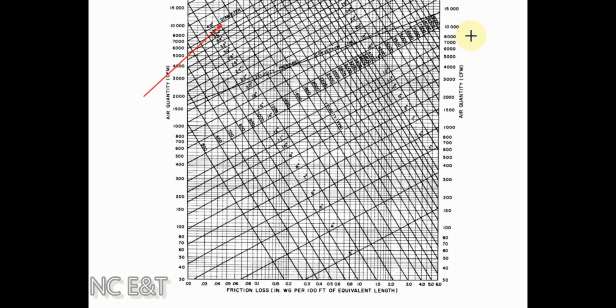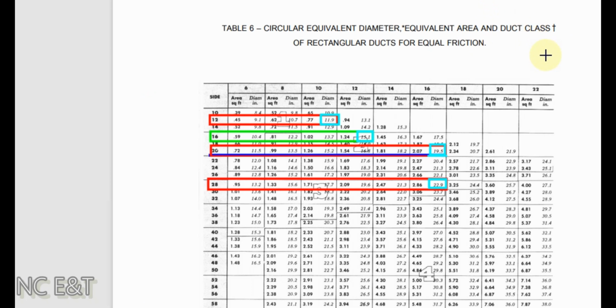To use the duct friction loss chart, we need to convert the duct dimensions into equivalent round duct diameter. So we will select the equivalent round diameter for our rectangular duct dimensions. As we have four rectangular sizes, first we will select the round diameter for these sizes. For 28 by 16 inch, we will select from this table the round diameter 22.9.